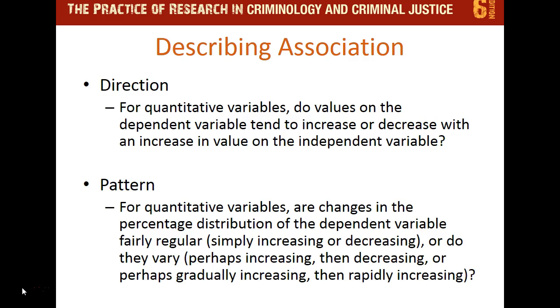Now, you also want to look at the pattern. When you're looking at quantitative variables, are there changes in the percentage distribution of the dependent variable? Is it fairly regular, like simply increasing or decreasing, or do they vary? Perhaps they increase, then decrease. So you're looking at the overall pattern of how your dependent variable is changing.